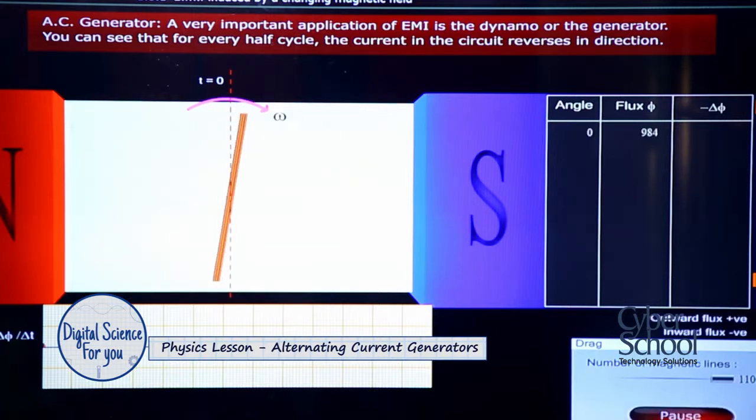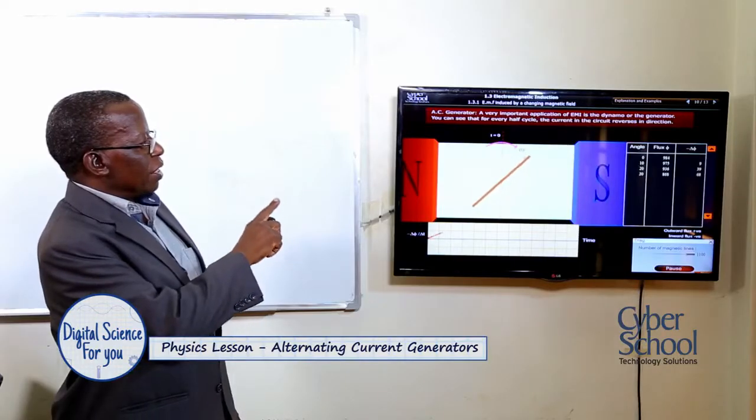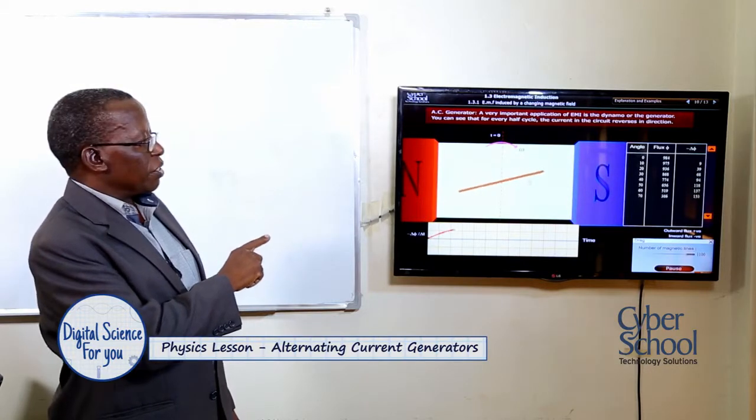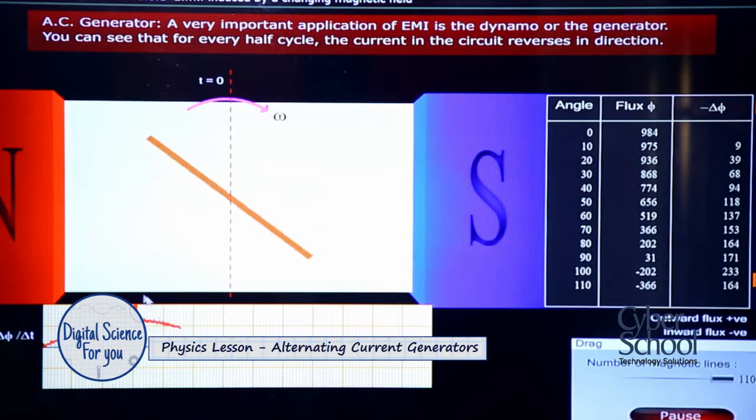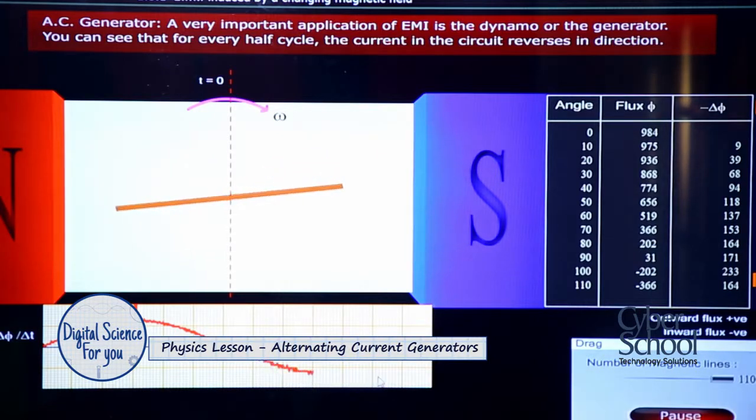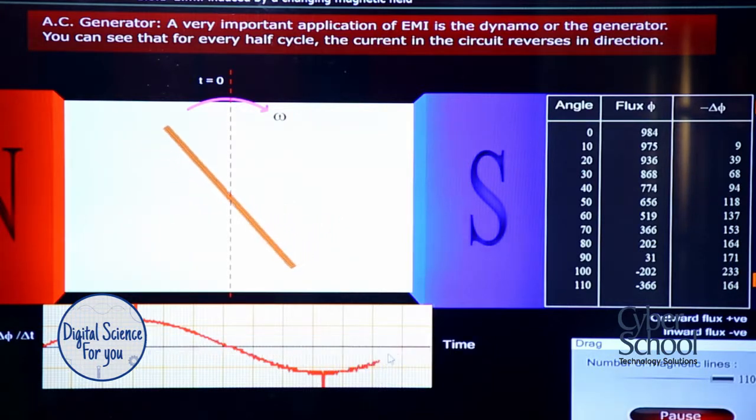As it cuts the field lines, as you can see in the graph below, the current is induced into the coil. That is half cycle. Then the next half cycle is when the current is moving in the opposite direction. And there you are, it now completes the second half cycle. Now we have seen how we can produce an alternating current using an alternating current generator.